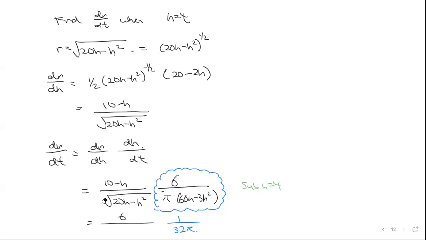And then you're going to get the square root of 80 minus 16, which is 64. And then this will give you an answer of 3 over 128 pi centimeters per second.